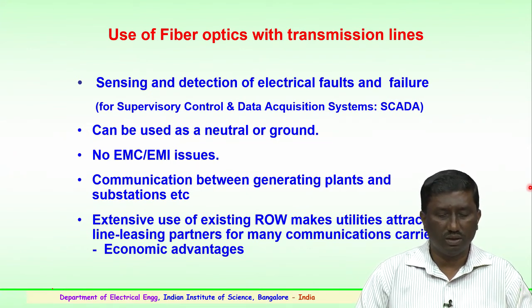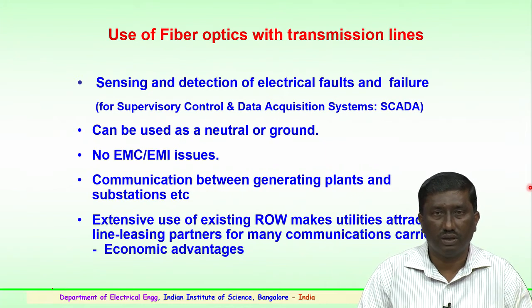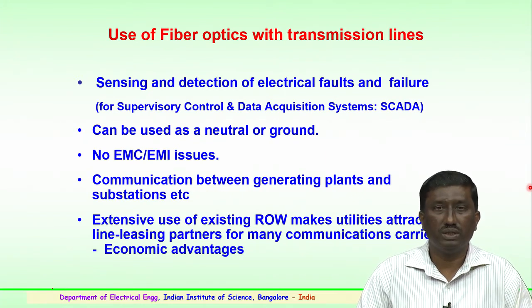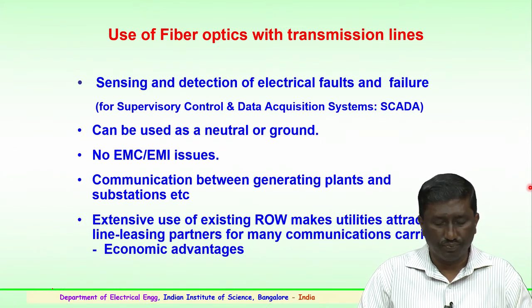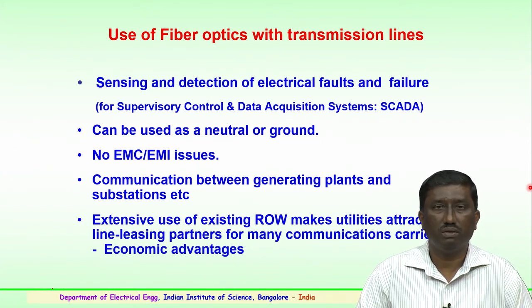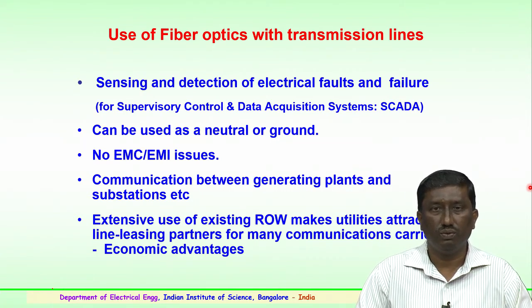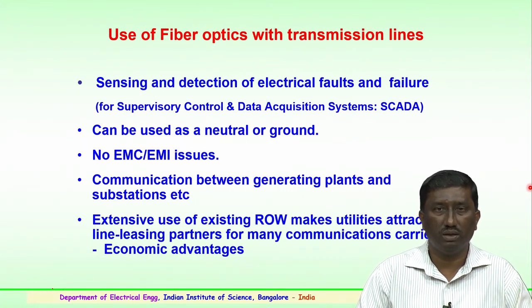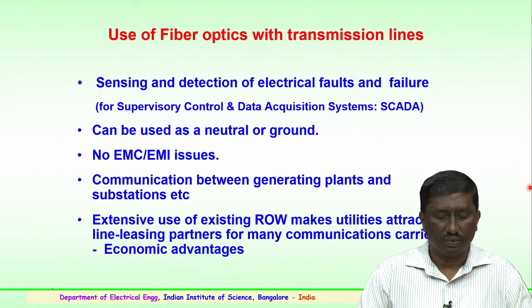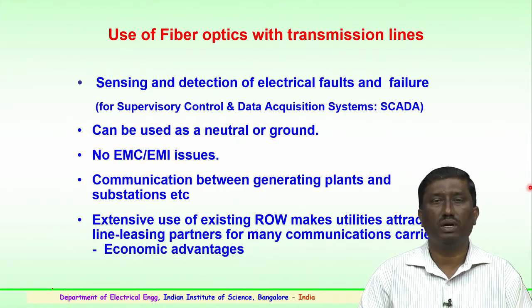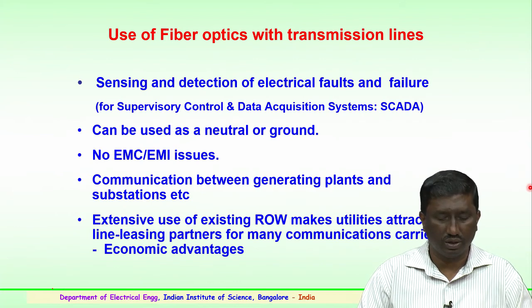Using the fiber optic cable also reduces the electromagnetic compatibility and electromagnetic interference issues that a regular cable has, where these signals could cause an issue. So, with fiber optic cabling, the electromagnetic compatibility and interference issues are reduced.